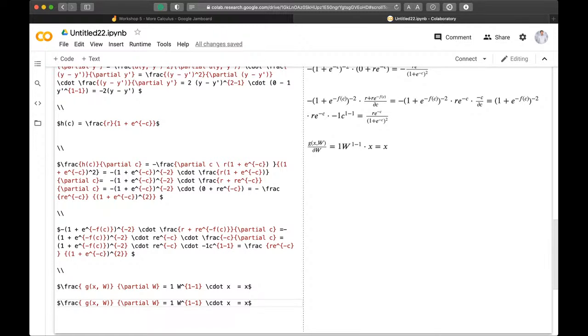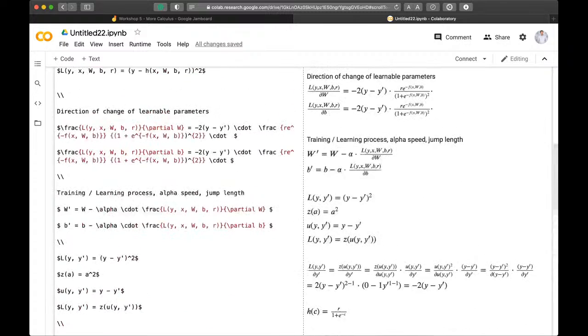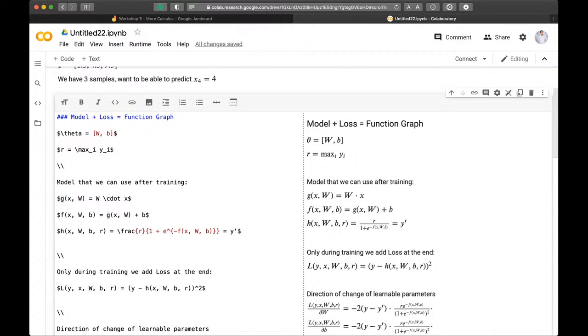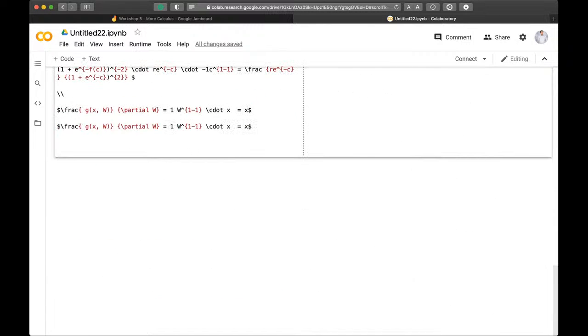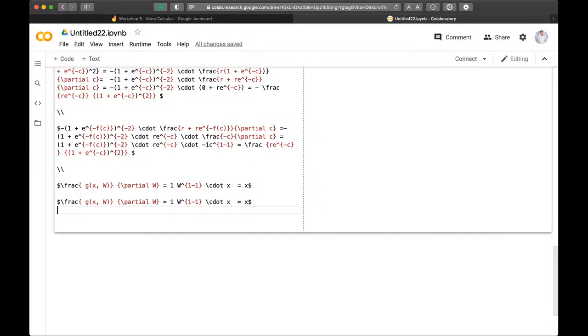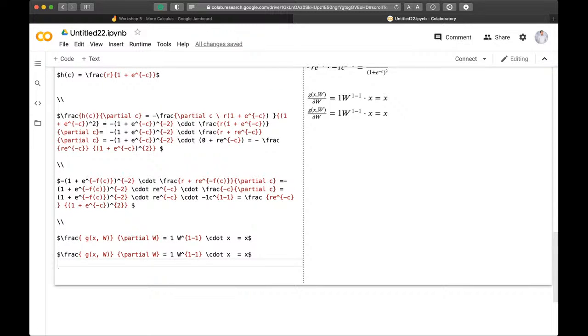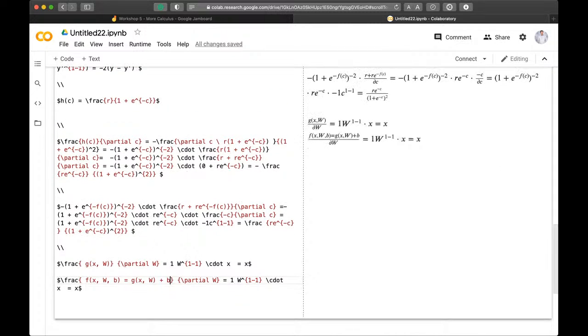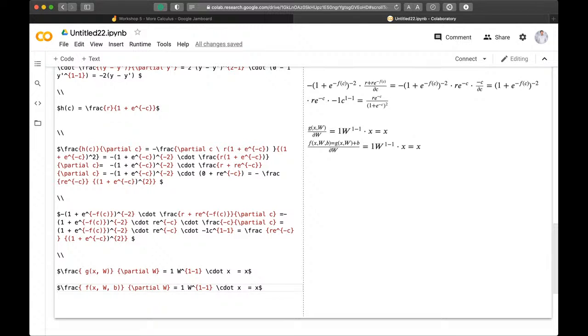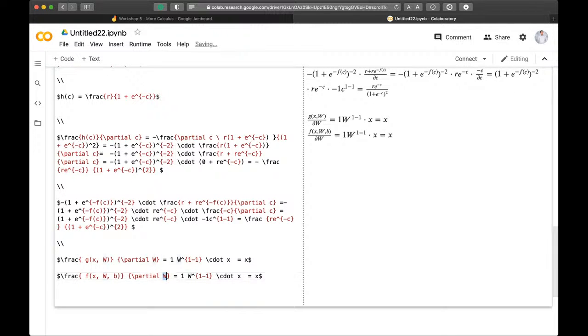And for the other part, for the b, I will go down here so you can see it. We can write it like this. Again, C is some kind of constant. The constant is basically the g function, so let's write it as a g function there, plus b.